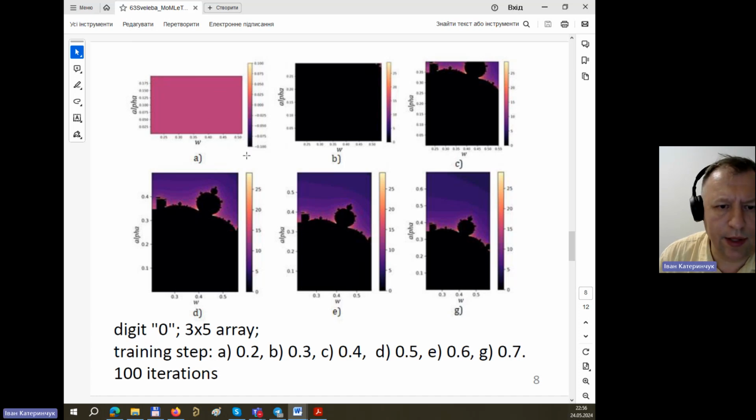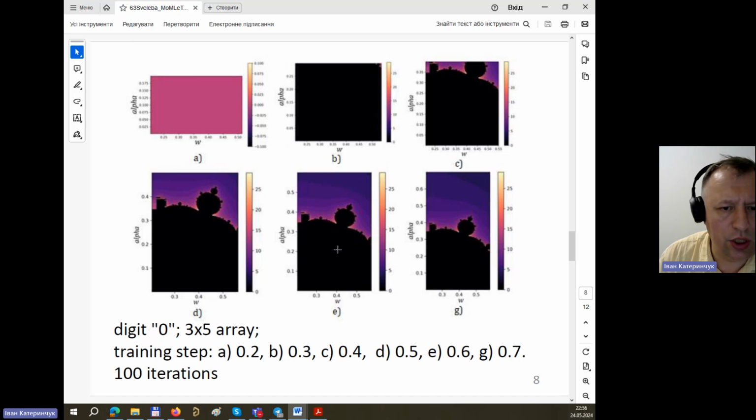Under the condition alpha equals 0.4, the system has a single solution and is characterized by almost no retraining process. That is, the mode of neural network training demonstrates a satisfactory training process.